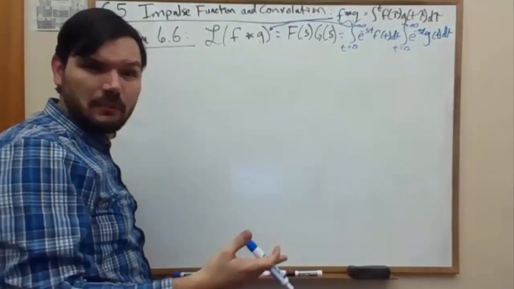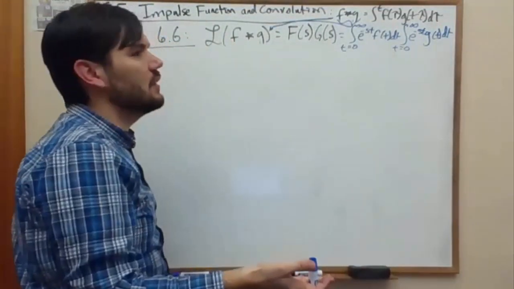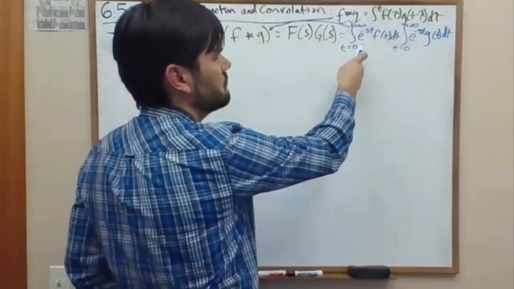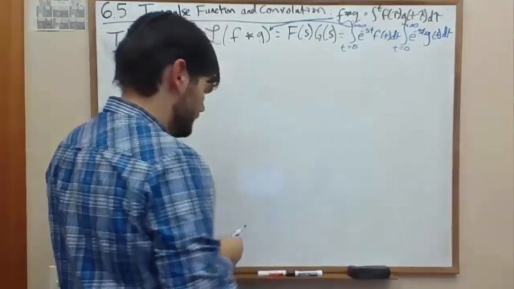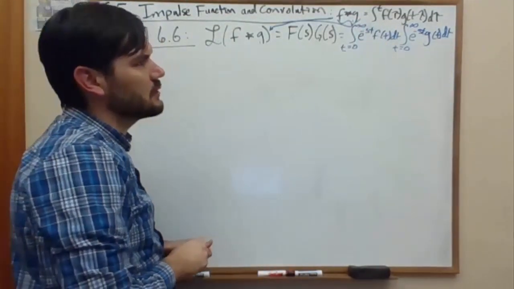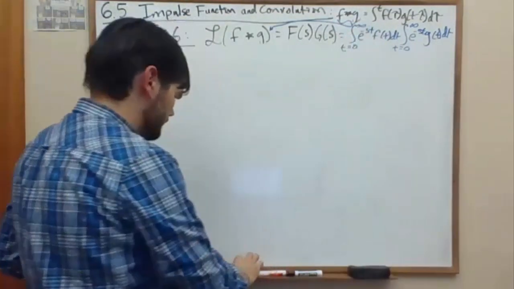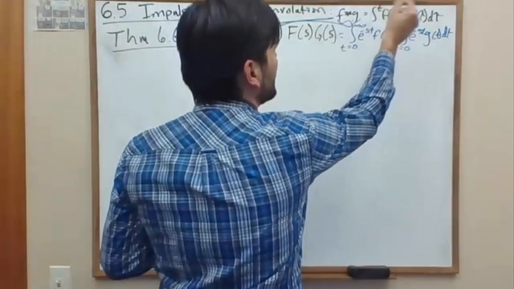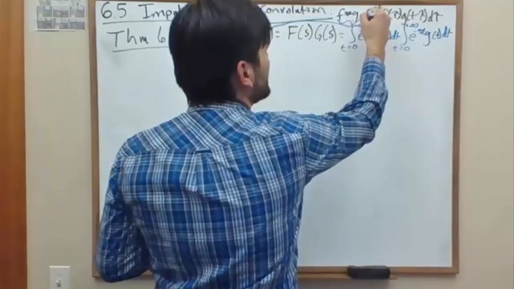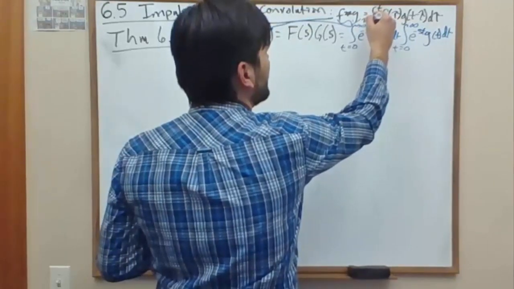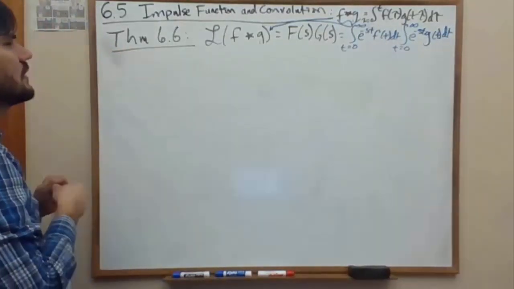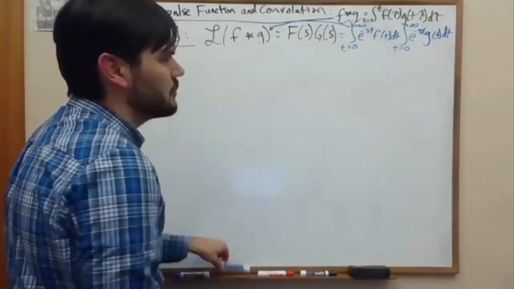And because t is a dummy variable here, it's being integrated out, we can use any letter to represent t, like v or x or y or tau. We'll see. And just to check here, our integral up top is from tau equals 0 on up to t. So let's go through the proof.